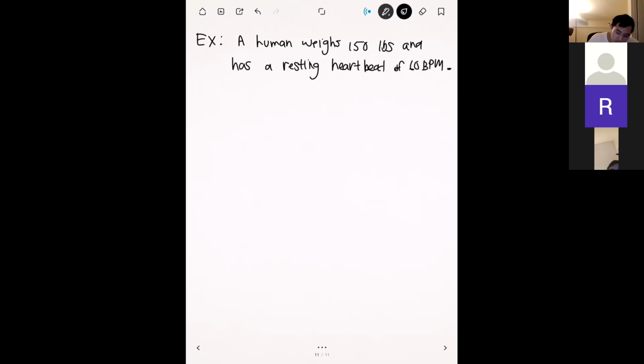BPM stands for beats per minute. So in every minute, your heart is beating 60 times, right? So that's 1 time per second. And so let's say that based on your heart rate, you're an averagely healthy person, and so for your averagely healthy cat, who weighs 15 pounds, what would their heart rate be?